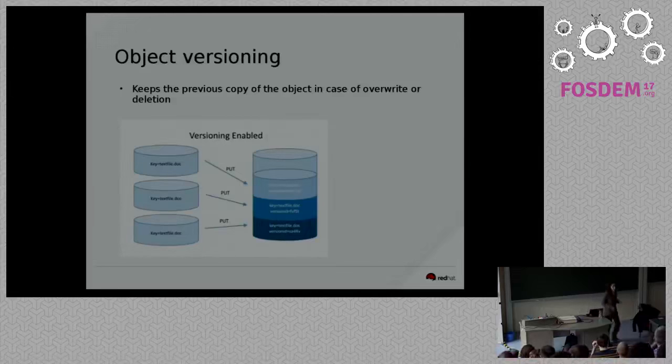Another feature, which I really like, so here, whoever used VMS? Oh, no one, yeah. So, remember VMS? We had file versioning. When you write on a file, you get a dot something. I really liked it because I sometimes delete stuff by mistake. It's really good. You always have the previous copy.